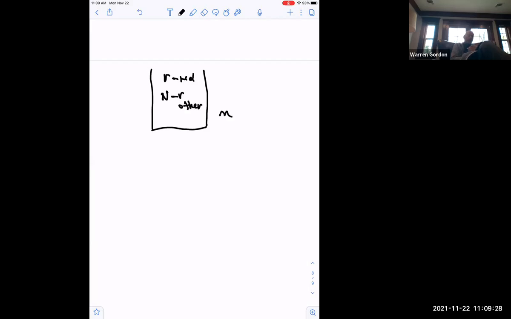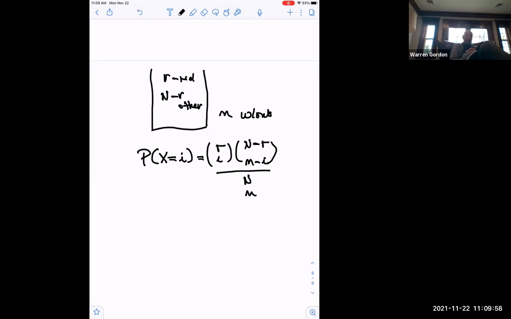I choose n without replacement. So I just showed you a moment ago that the probability that x equals i means from the red, I choose i. From the remaining balls, I choose little n minus i, over N choose n.